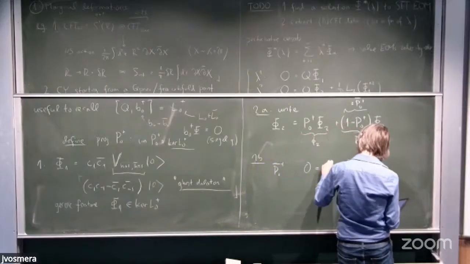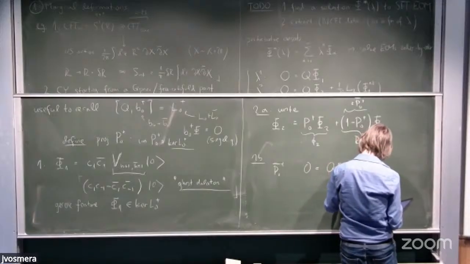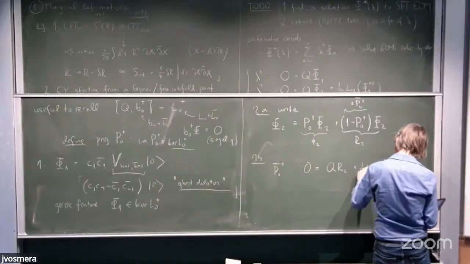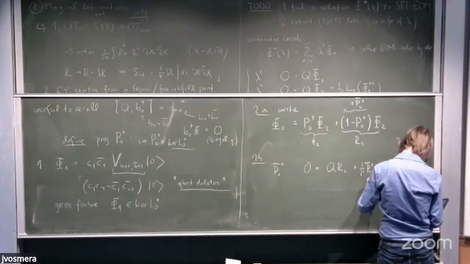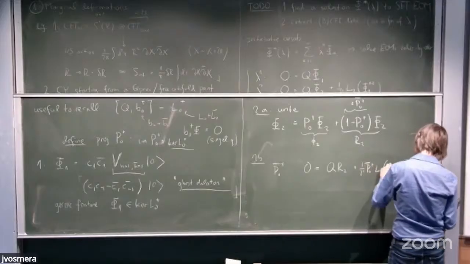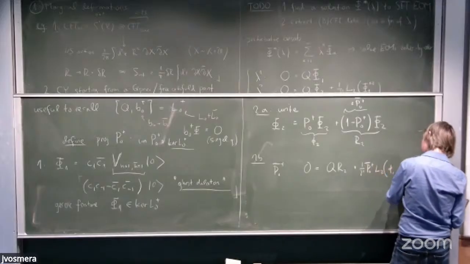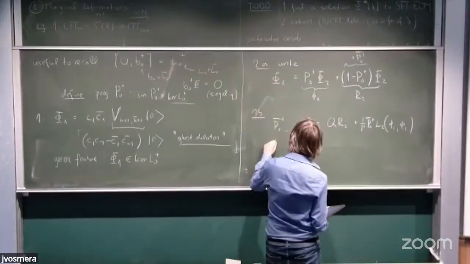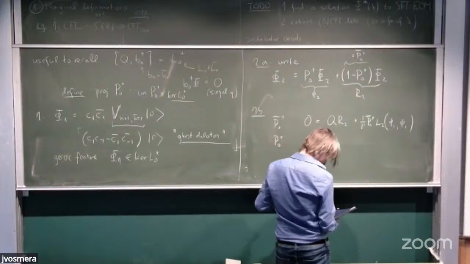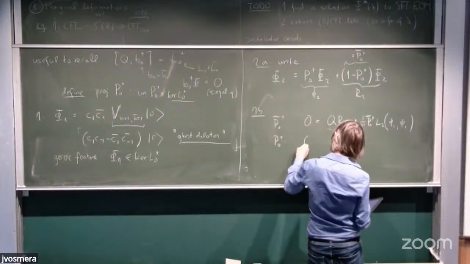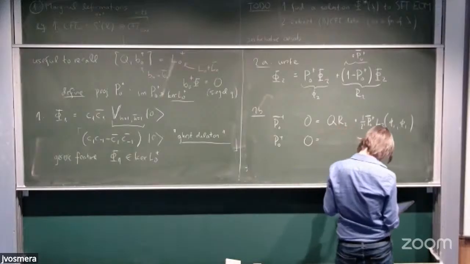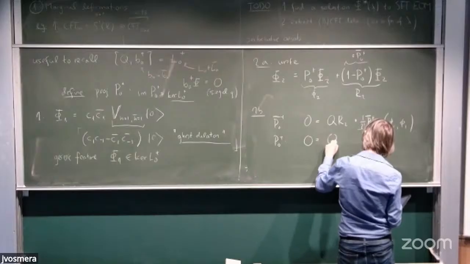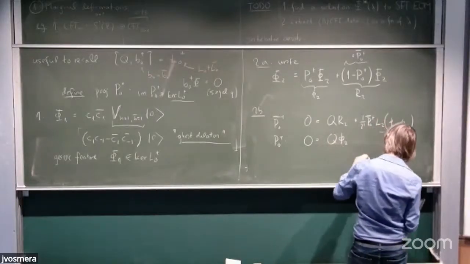So first acting with P0 bar, then on the other hand, when we act with P0, again, the projector just goes through this Q and it acts on the string field here, so we get Q, right?